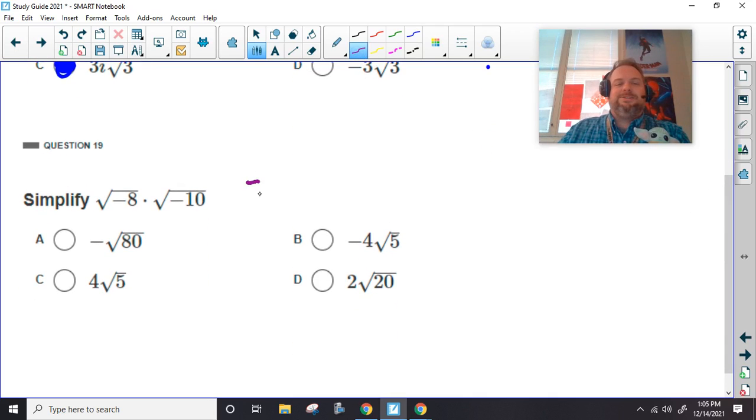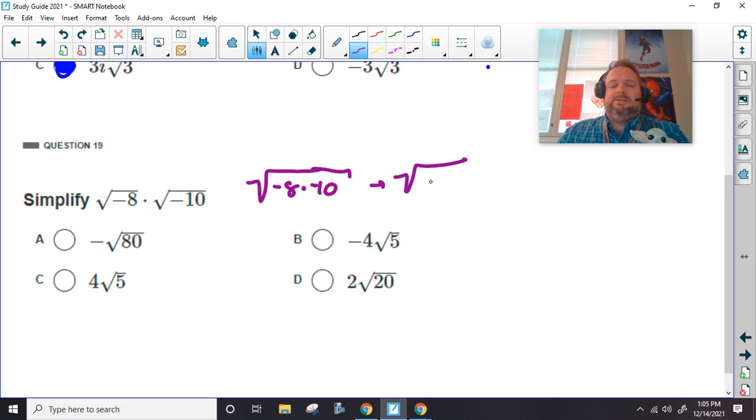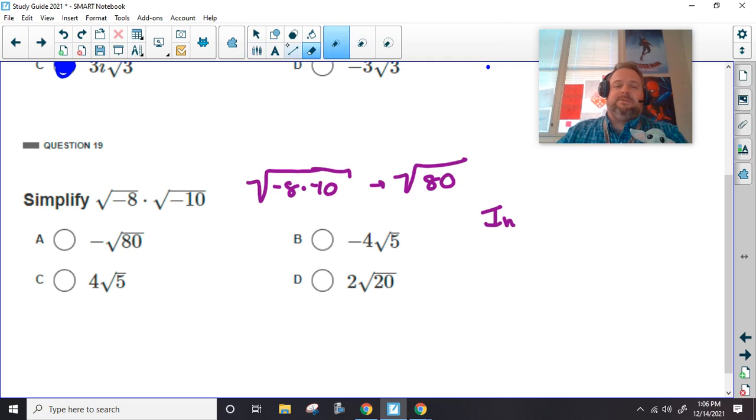All right. So basically what you could do on this, you would actually multiply 8 times negative 10, or negative 8 times negative 10, which is 80. In the calculator, I would do this.